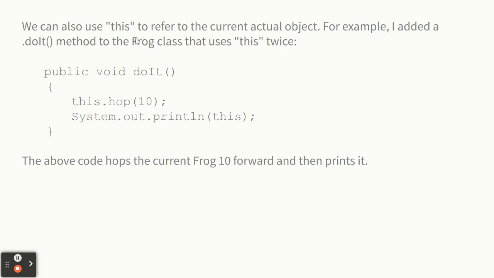For example, I added this method to the Frog class that uses this twice. Check it out. I made a method called doIt. If we imagine it's in the Frog class, it hops the frog 10 spaces by calling this.hop. And then it also prints the frog. Yes, this is kind of weird. You wouldn't really do this normally, but if you saw it, I didn't want you to be freaked out.